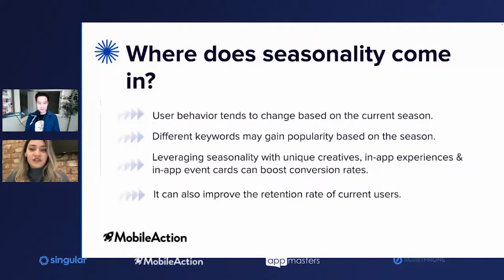Another thing you need to do is leverage seasonality by using unique creatives based on the season, which we are going to talk about in more detail later on. But you also need to optimize the in-app experiences and your in-app event cards to boost your conversion rates. This is not only for new users, this can also be important for returning users and also your current users.